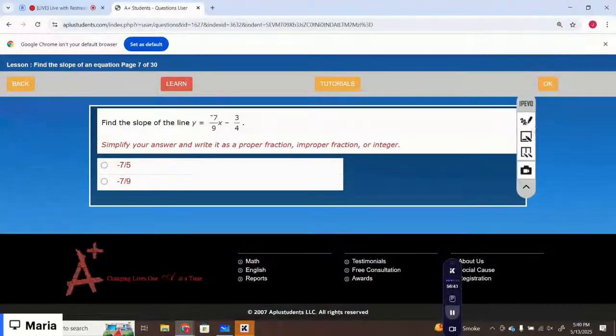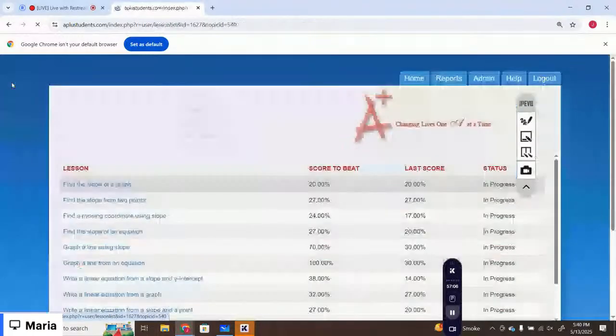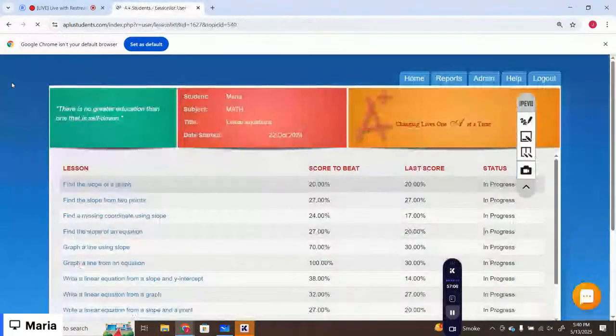Okay, you can complete the lesson by yourself later today. So we were working on grade 8 math. The chapter we were working on is linear equations.